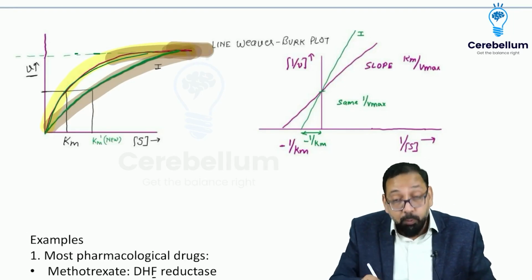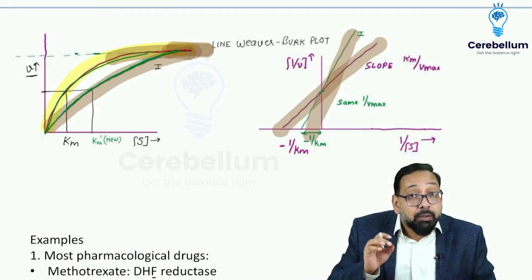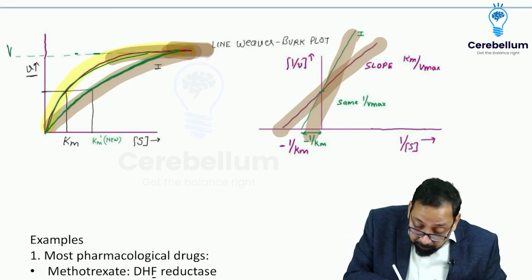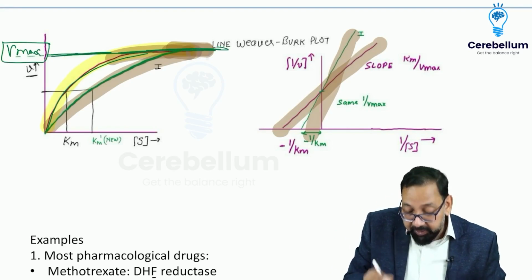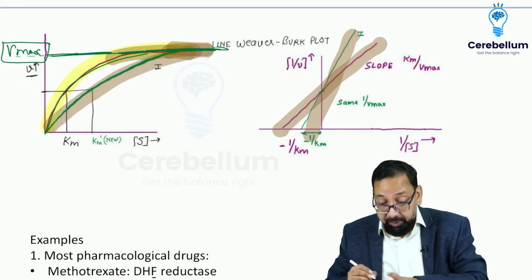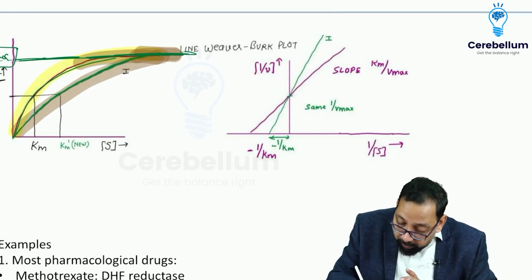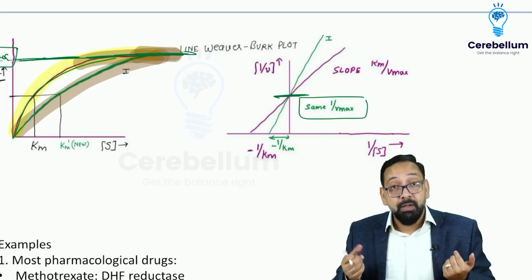Okay, so this is competitive. This is cutting, this is competitive. You can easily remember by Vmax. This is Vmax. Vmax remains same. If Vmax is same, that is competitive inhibition. And this is 1 upon Vmax. So if 1 upon Vmax is same, this is competitive inhibitor.